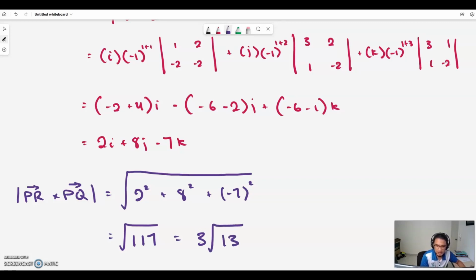Okay, so this is the area of the parallelogram. So you indicate the unit squared for the unit of area.